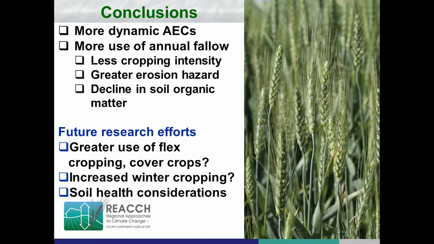And then future research efforts really, I think, are in tune with what's been discussed already, that we have been discussing. Greater use of flex cropping. Flex cropping is where we actually take the current situation from the standpoint of the kinds of weather, moisture, et cetera, that we receive at a certain point, at a certain decision point, and we decide, should we annual crop or should we fallow?